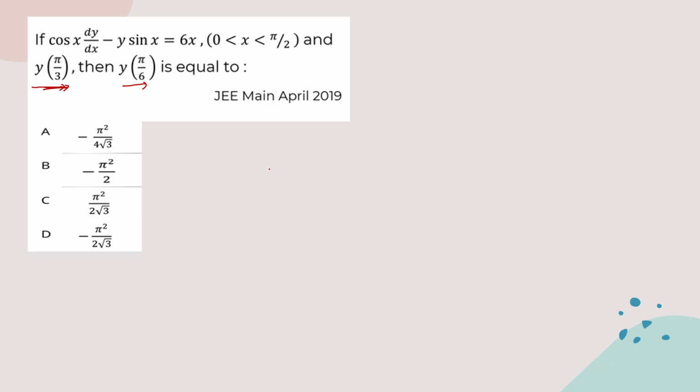So what can we do? Can any student give me a hint? What can we do in this part? I think there is an issue in this. There should be y of pi, but yes, tell me.